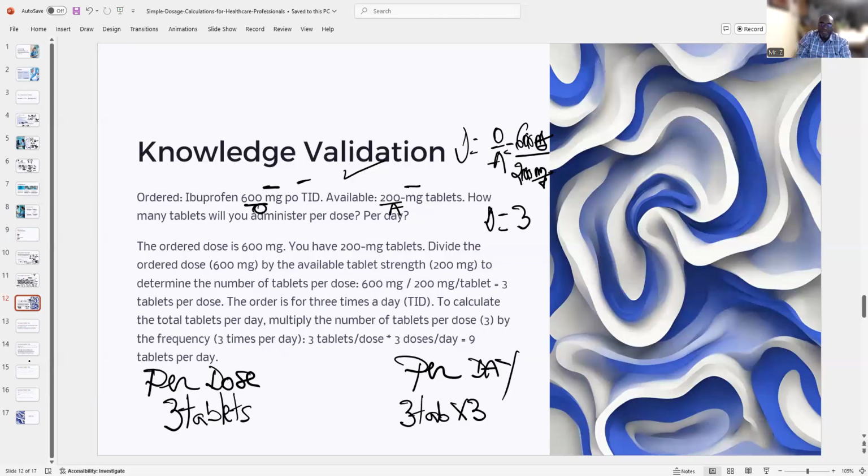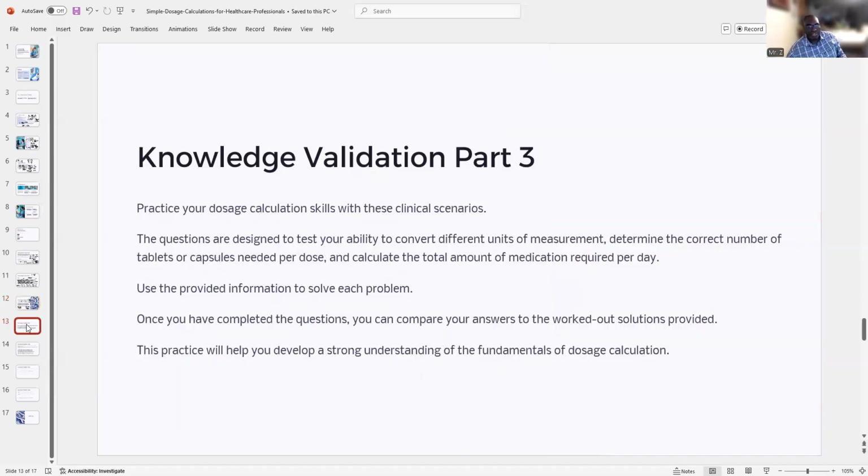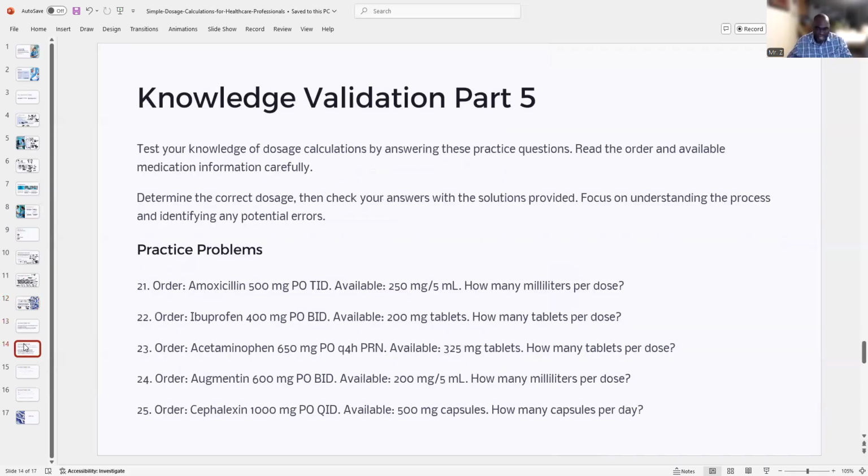Total together will give you 9 tablets. So in a 24-hour period, this person will consume 9 tablets. All right? Let's do some exercises, and that's where we're going to stop today.